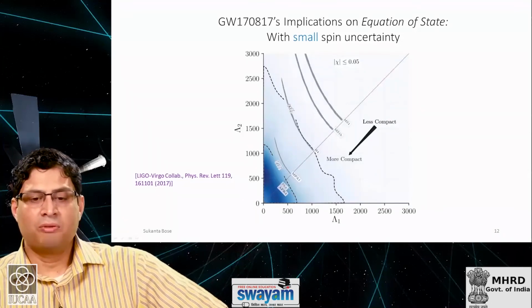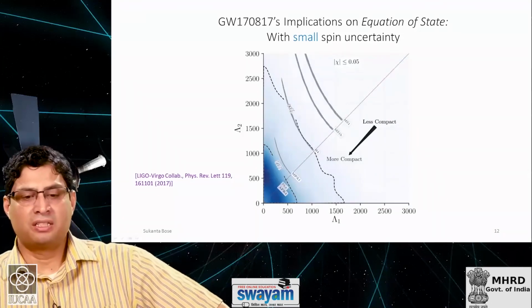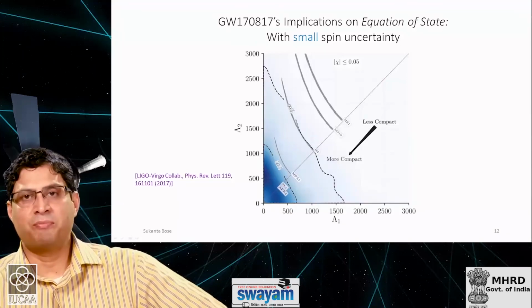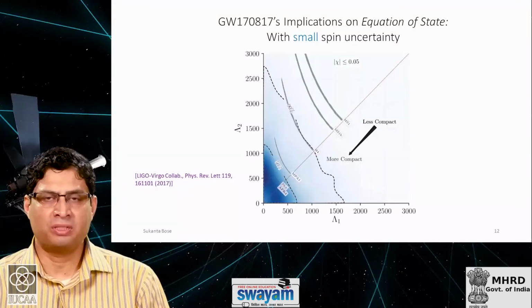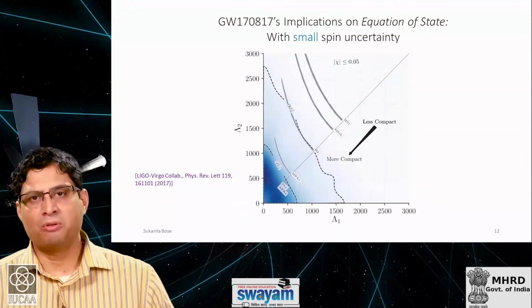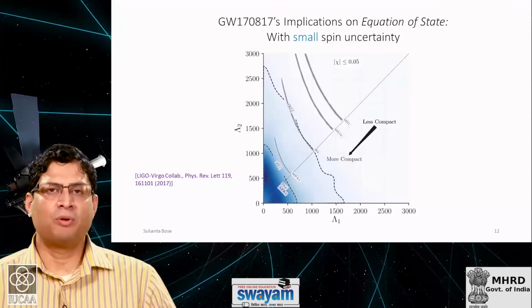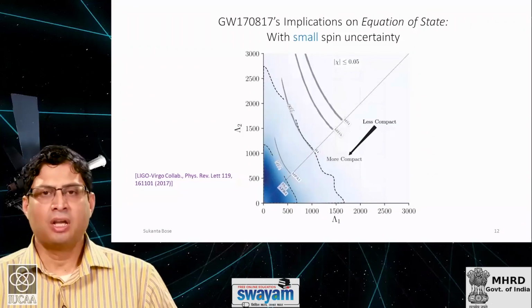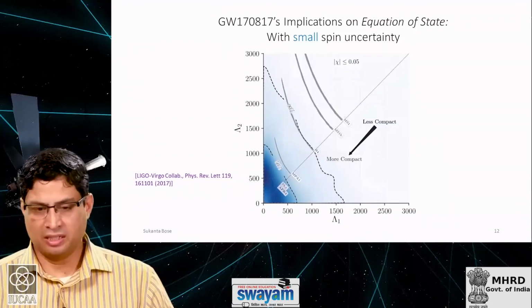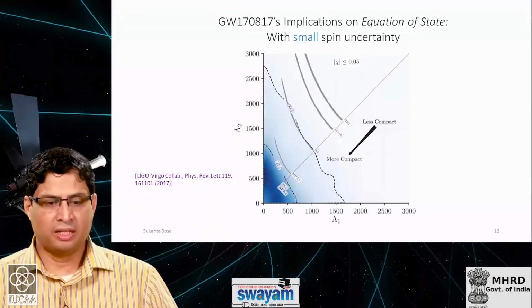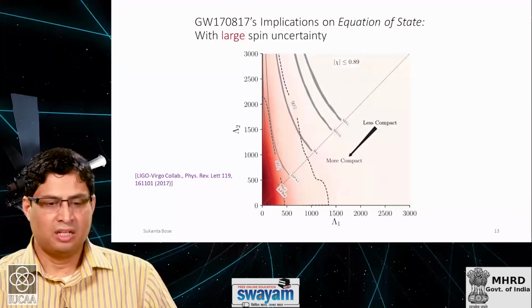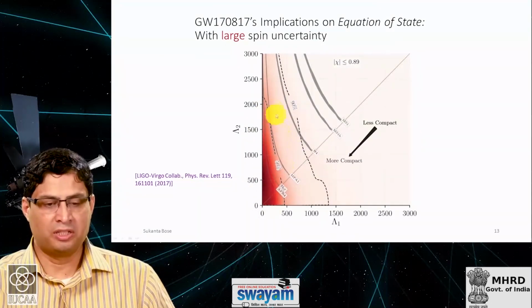For this plot, we used a neutron star spin, in this dimensionless spin parameter, value of less than 5%, which is not inconsistent with what we find for neutron star spin. We expect these neutron star spins in double neutron star systems to be somewhat on the smaller side. This is based on observations of galactic double neutron star systems, but theoretically they can be larger than this, and if you allow for chi to be tens of percent more, then these posterior curves change and become more elliptically distributed like this.